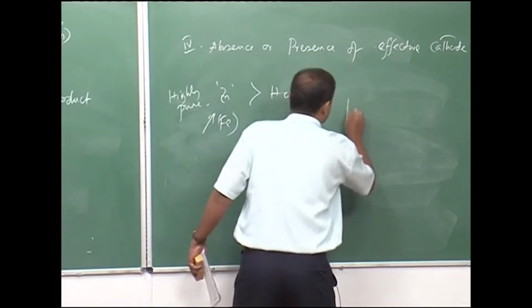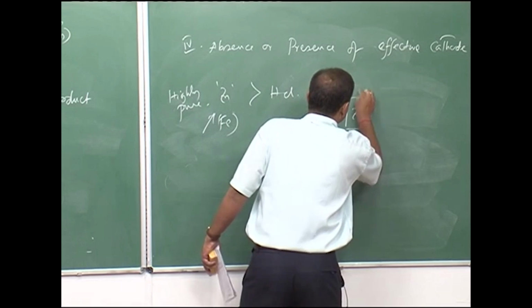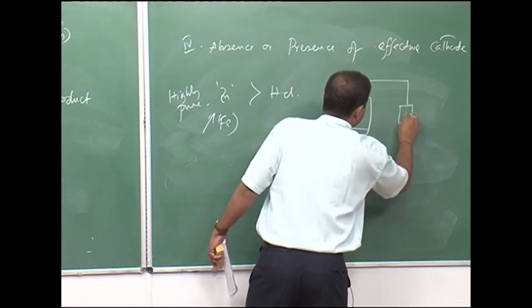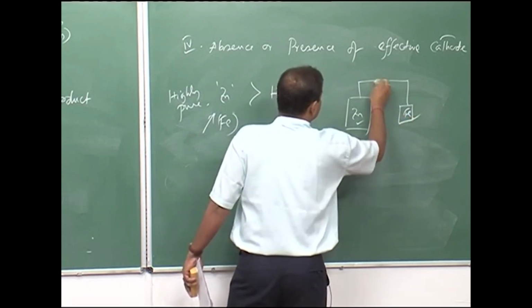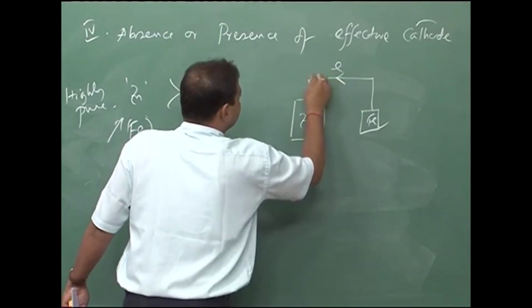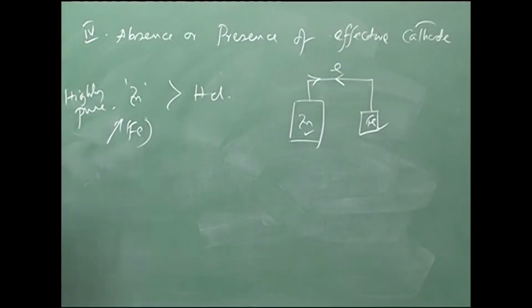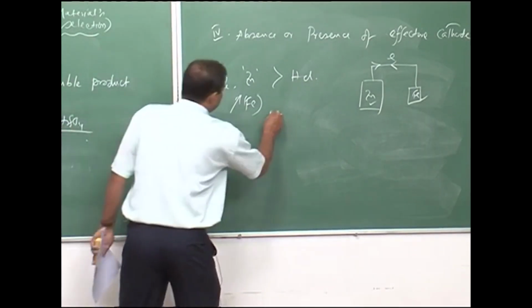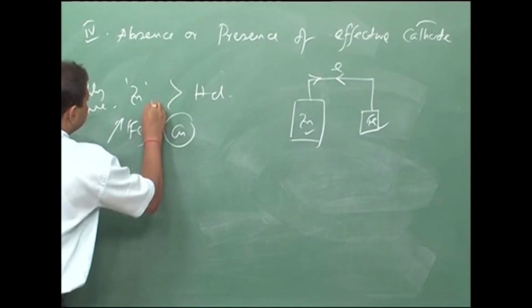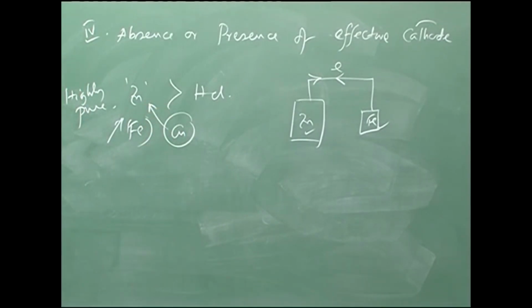For example, if you have zinc connected to iron, zinc will be the anode and iron will be the cathode, so there would be electron flow and current flow like this. Depending on the amount of current flow, you get the rate of corrosion of zinc. Now, if you add copper, the corrosion rate of zinc will further increase.